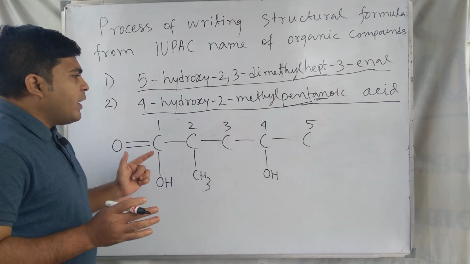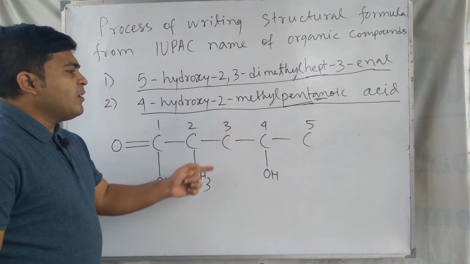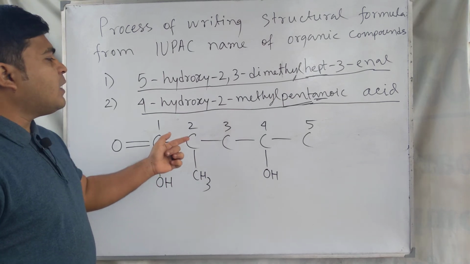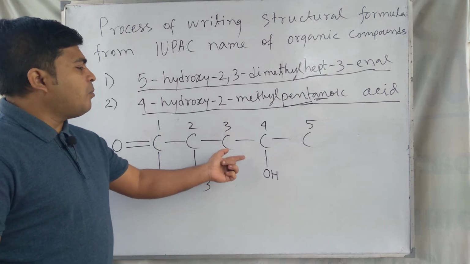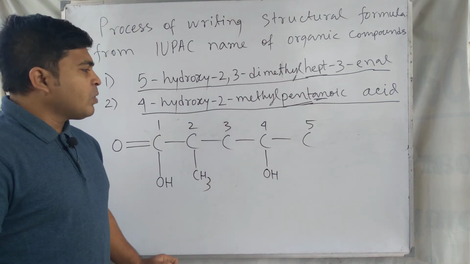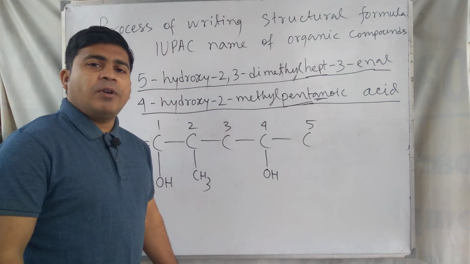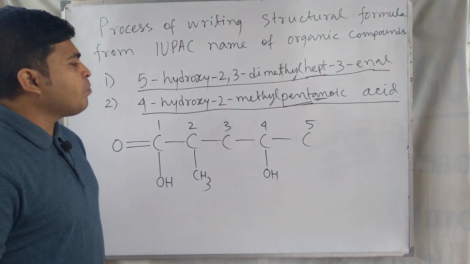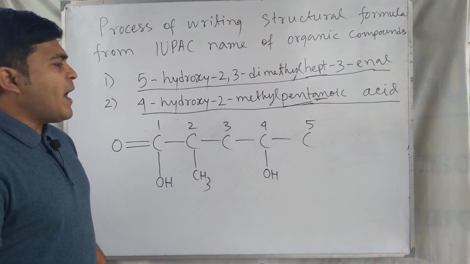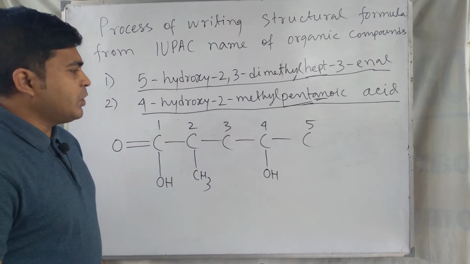But right now look at the valencies of each carbon atom in this structure, and we are seeing that the valencies of each carbon atom in this structure are not completed. So we have to complete the valencies of each carbon atom, four valency or tetravalency of carbon, by filling with hydrogen.